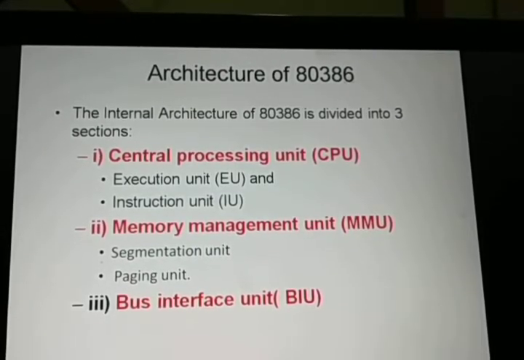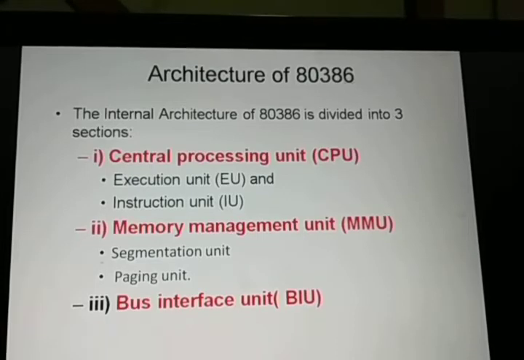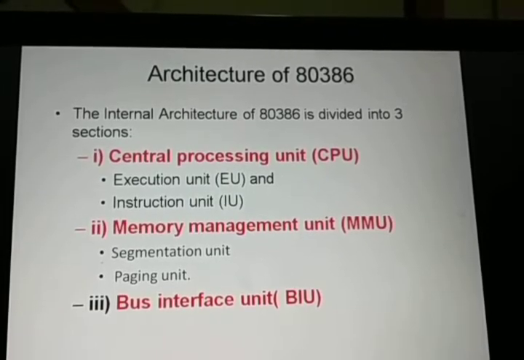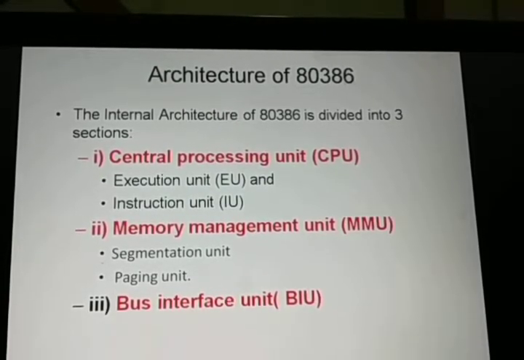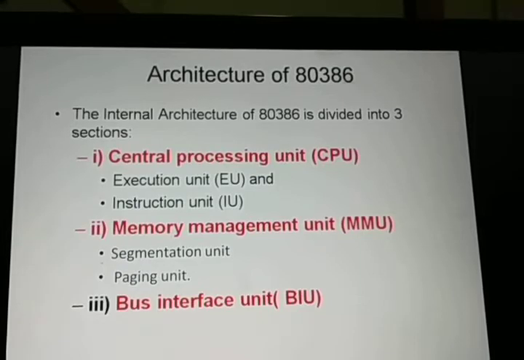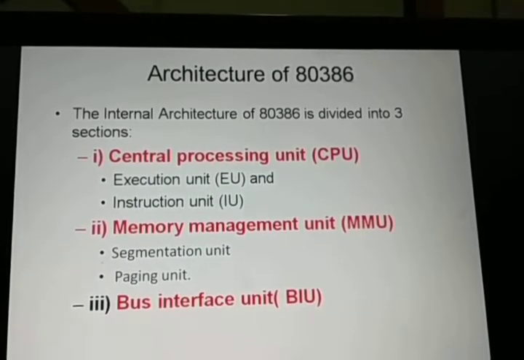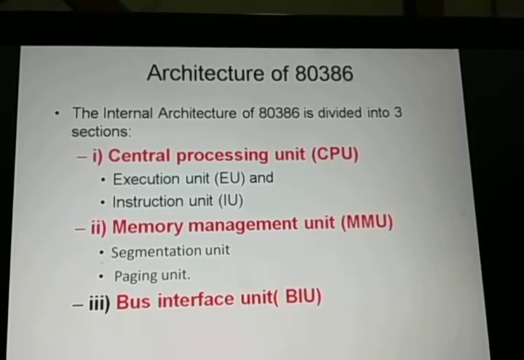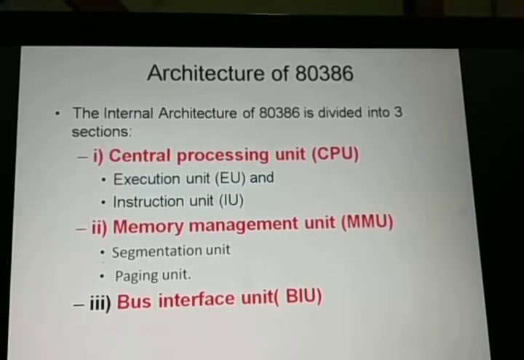Basically, the address translation mechanism is divided into two parts, segmentation part and paging part. The paging part is optional because it depends on the PG bit which resides in control register 0. If the PG bit is set to 1, in that case we perform the paging unit or page translation mechanism. Otherwise we perform only the segmentation unit or segment translation mechanism.